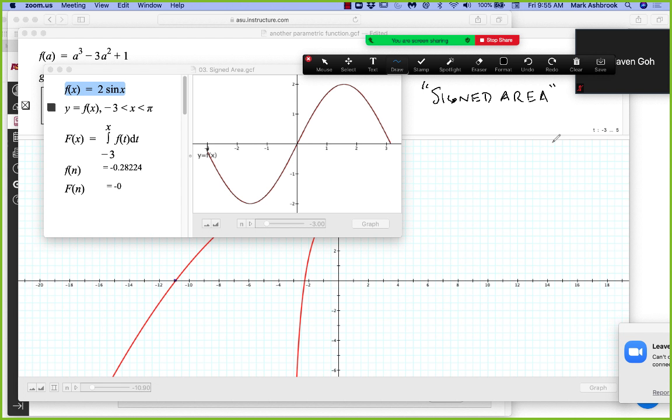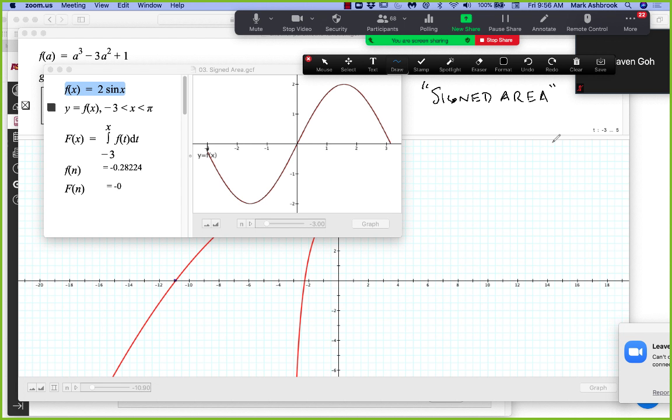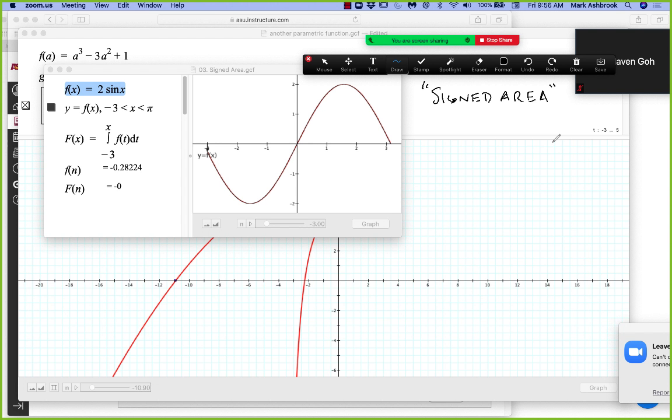You want to know how much of it you have at any moment, and that quantity could be anything. We talked about volume and arc length and surface area and signed area and population and temperature, and any quantity. We could apply our findings about how fast the quantity is changing.